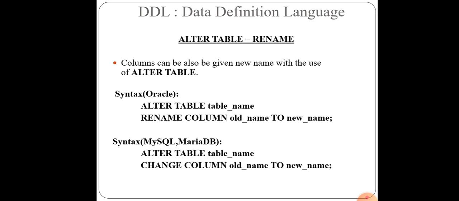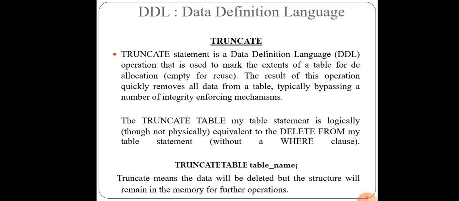Here you can see in Oracle we write alter table, table name, rename column, and then you mention the previous name and then the new name. So these are certain small variations that are there. As per the software you are using, you have to change the syntax of the statements.